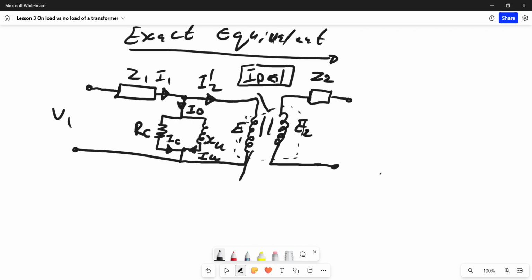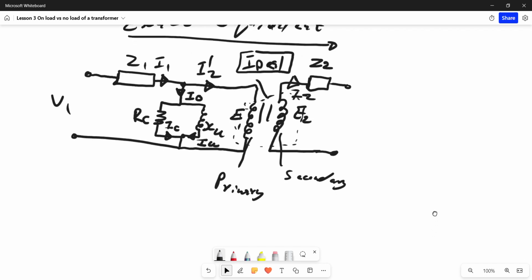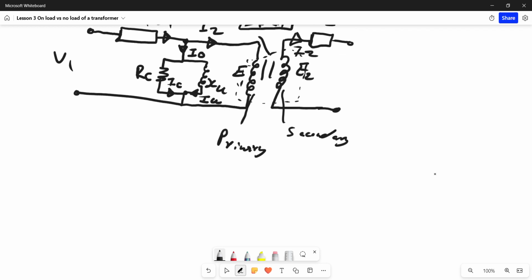This is the primary winding, this is the secondary. So you realize that I prime 2 is flowing in the primary. That's why we're saying I prime 2 is a mirror image of I2, just that I haven't drawn it properly.